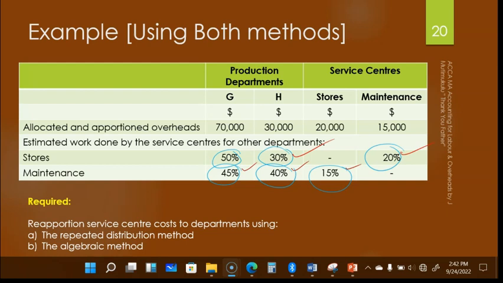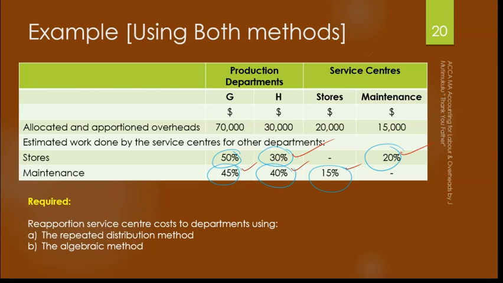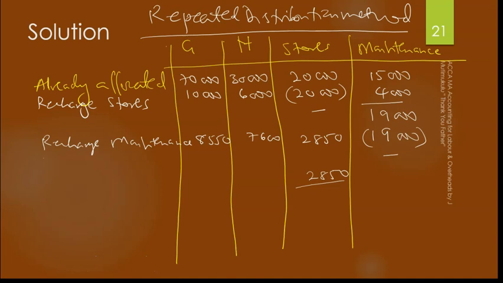So we just follow. Let's start by recharging the stores to G. Okay, and the machine is starting to misbehave. So recharge stores. And how do we recharge?